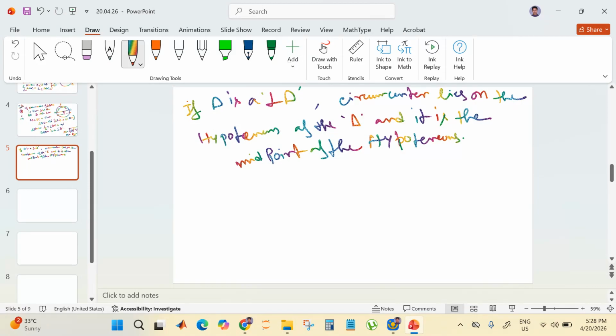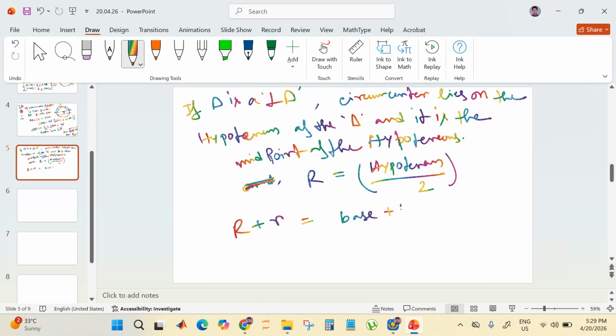Then the circumradius R equals hypotenuse by 2. Okay, this is the formula. And remember another thing, if small r is the inradius, then capital R plus small r equals base plus height by 2.